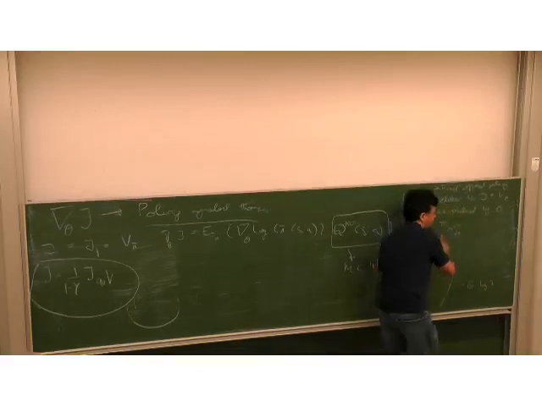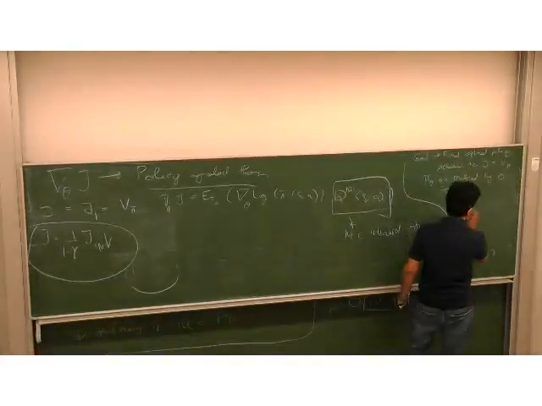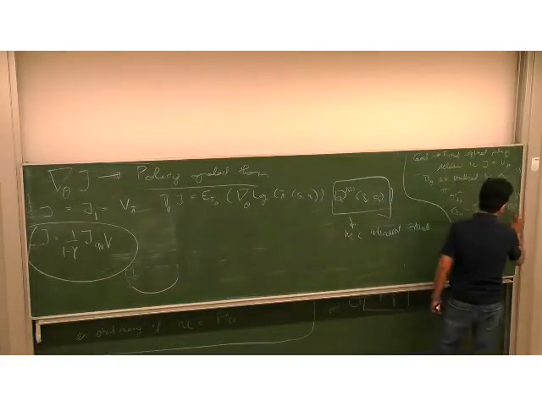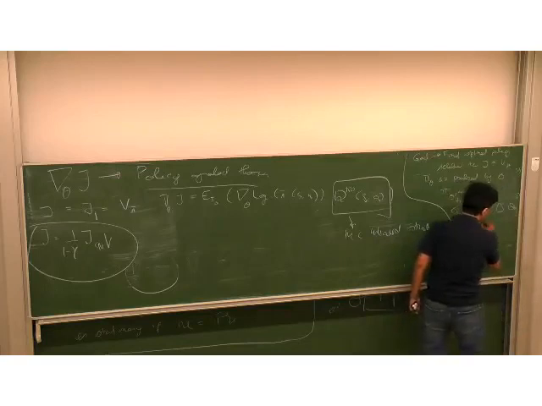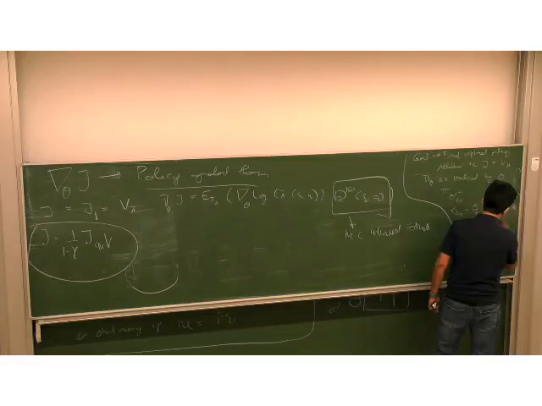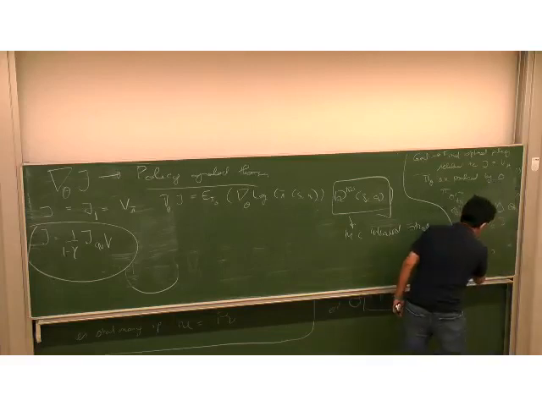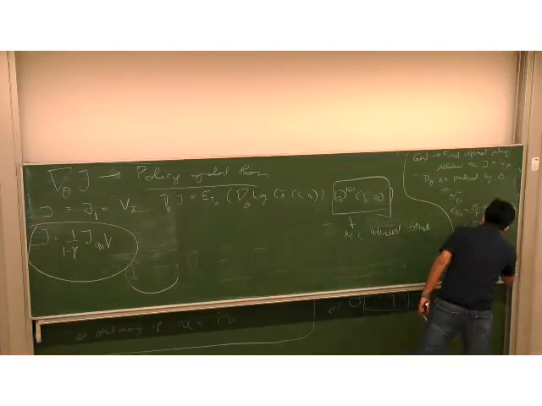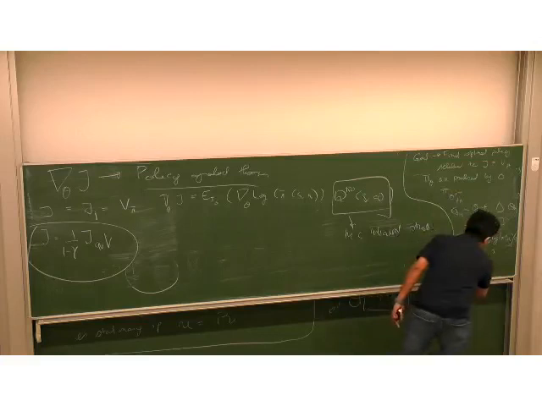You need to find theta t plus 1, which is theta t plus delta theta t, which is theta t plus alpha times the gradient of J, that is, this quantity: log pi of s, a, times G t. G t is the Monte Carlo approximation of Q pi.